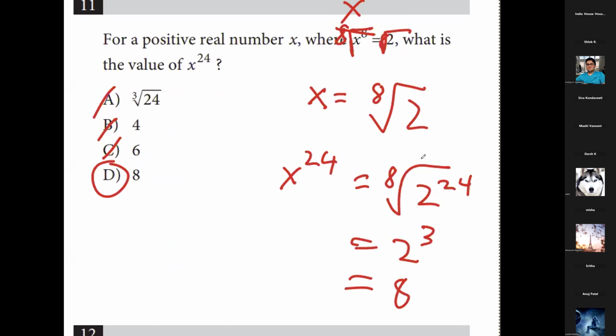So we have to do the same thing with the right side, which would mean we just take this and raise it to the power of 24. And then to get rid of this, using exponent rules, we just took the 24 and divided it by 8. So if we had something like x to the fourth power and we had the square root, well, this is just the same thing as x squared.